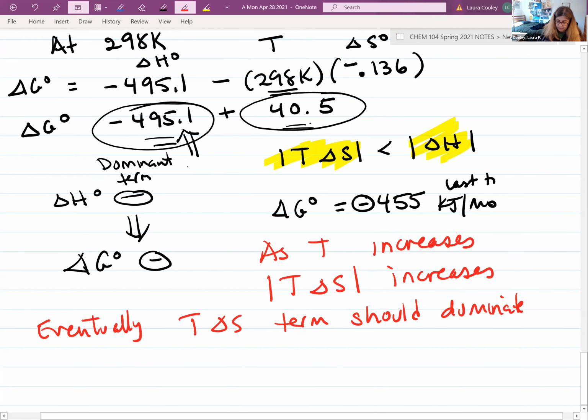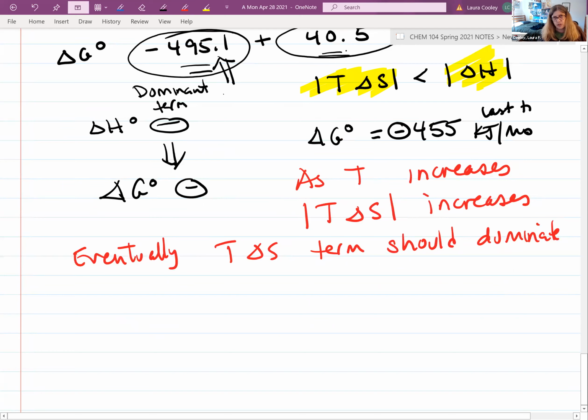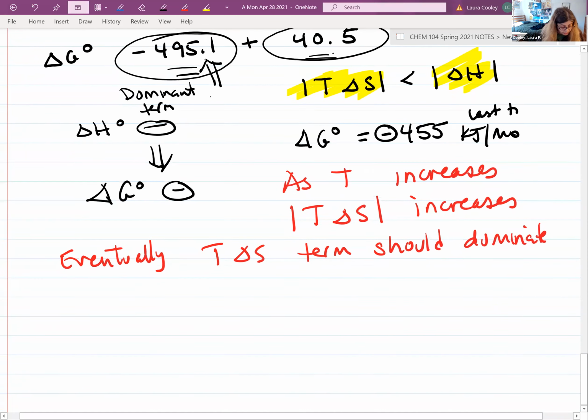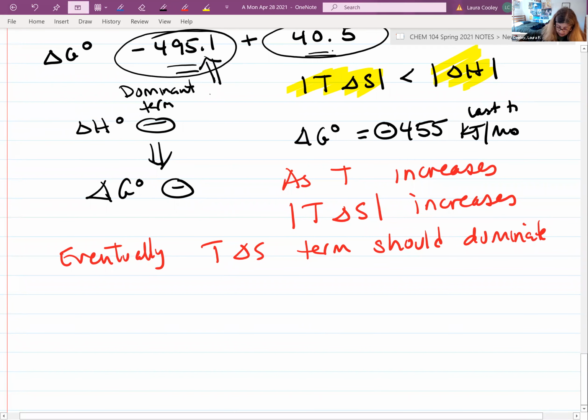So we expect that at high temperatures, you're going to have a non-spontaneous reaction.